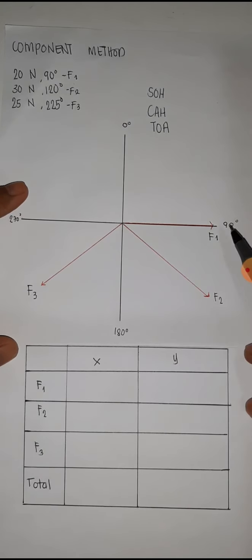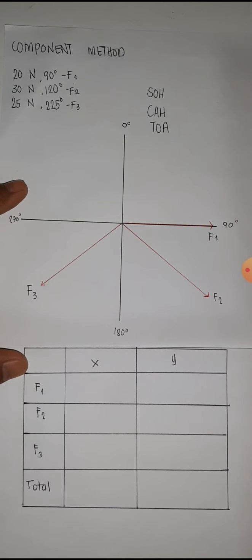In determining the x and y components, again, we'll be using the identity of the right triangle. We're going to look for a way to determine what side of the triangle your x and y components belong to.